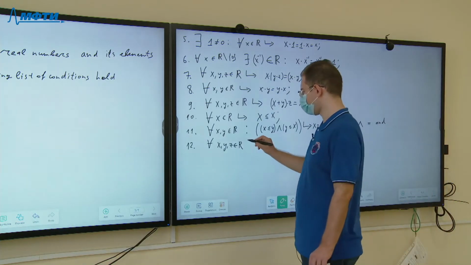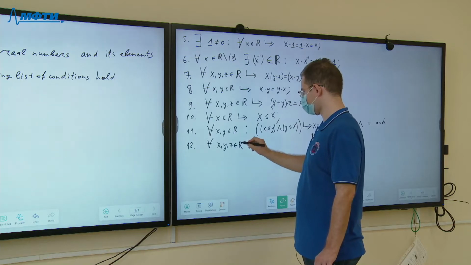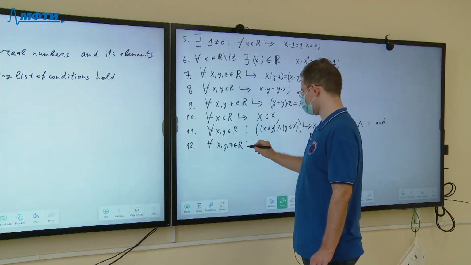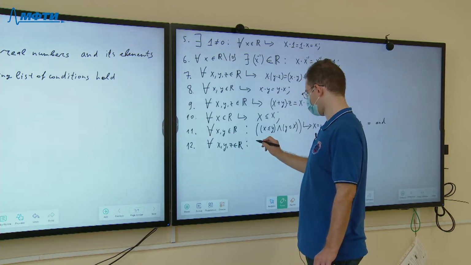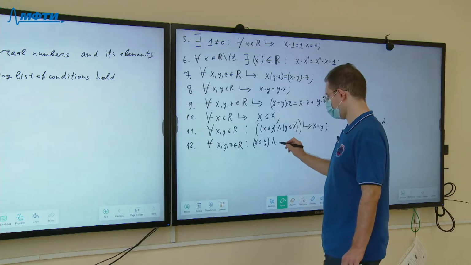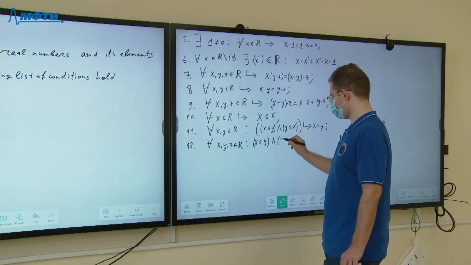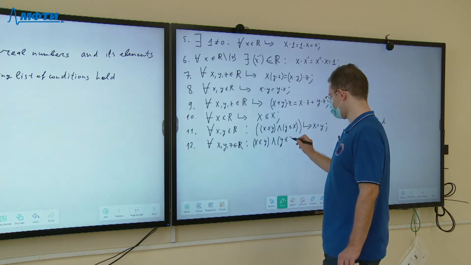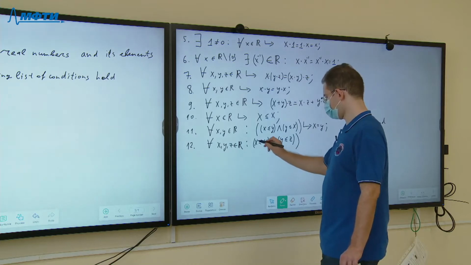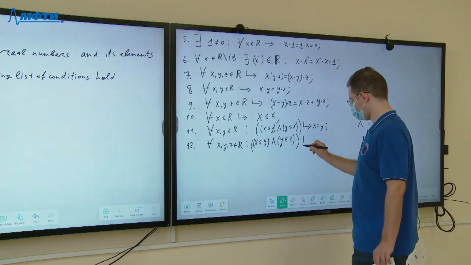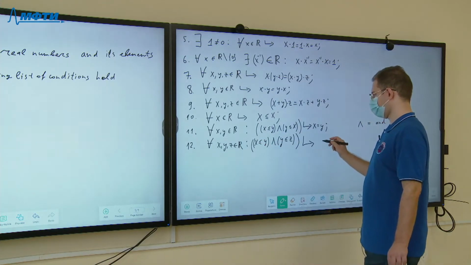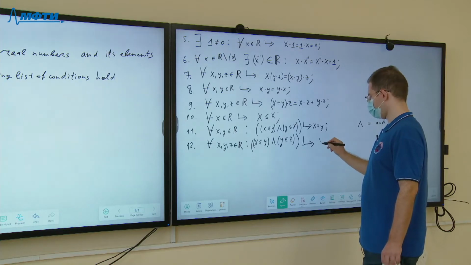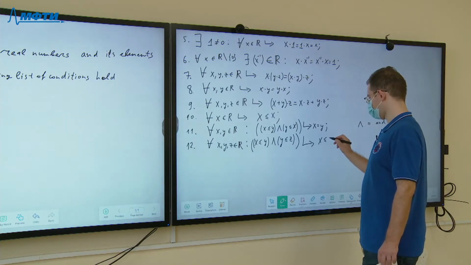So for any x and y and z reals such that x is less than or equal than y and y less or equal than z, from here follows x less than or equal than z.